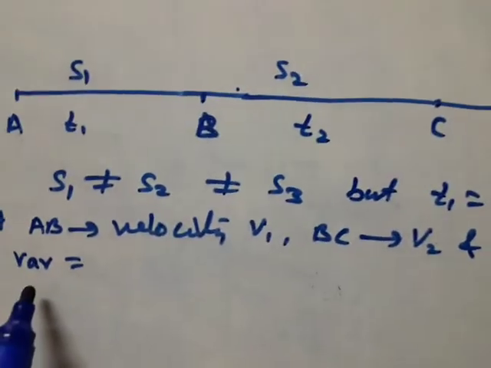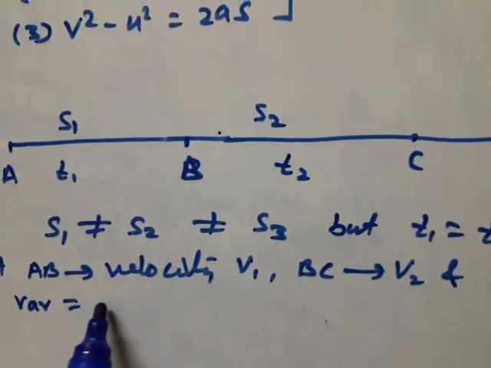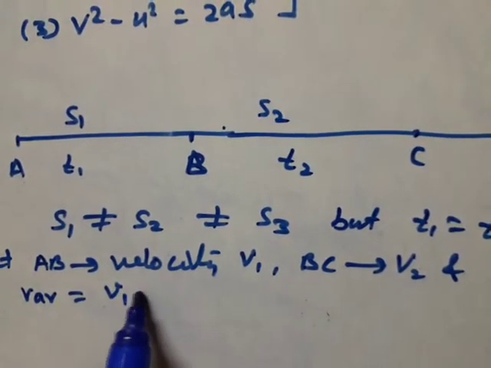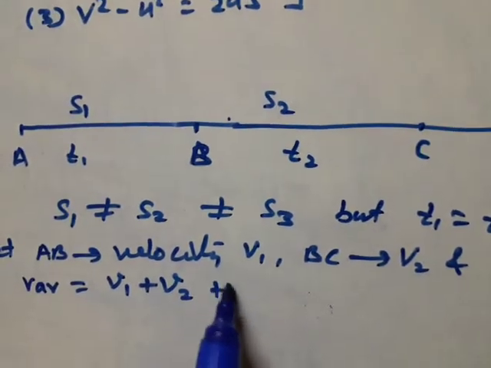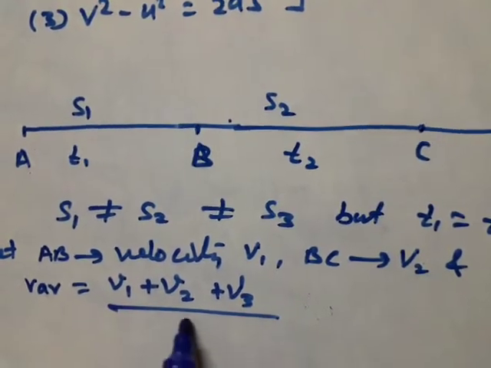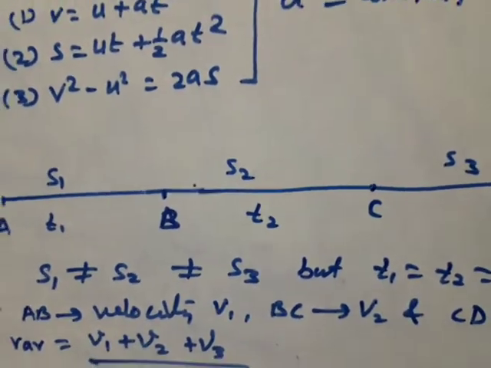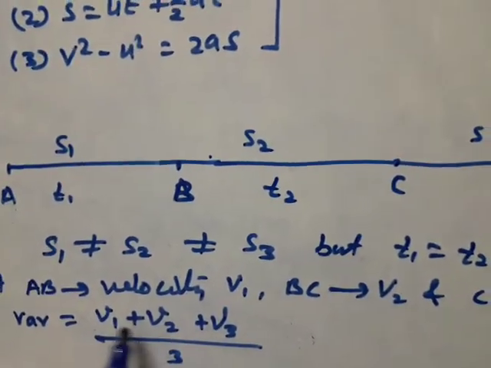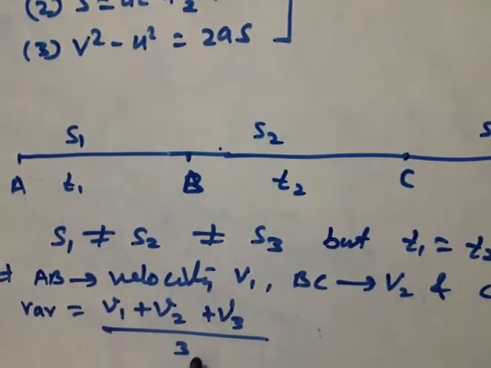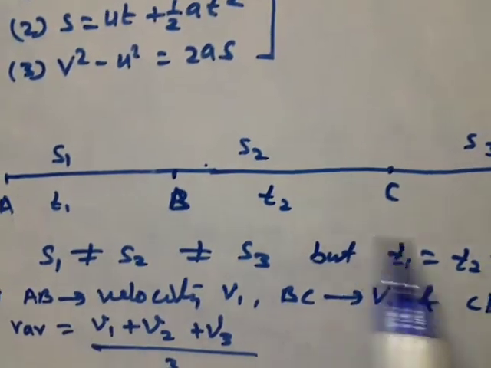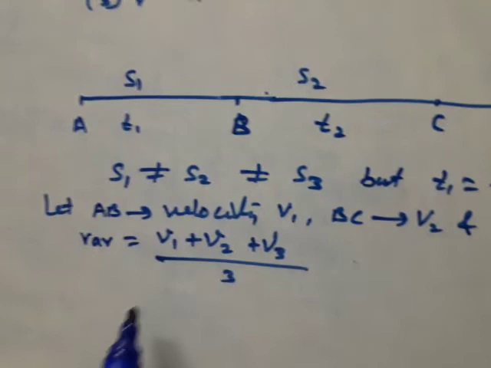Then average velocity will be calculated by V1 plus V2 plus V3 by 3. So for how many intervals we have taken, the velocities are added and divided by the number of times the velocity is changed.